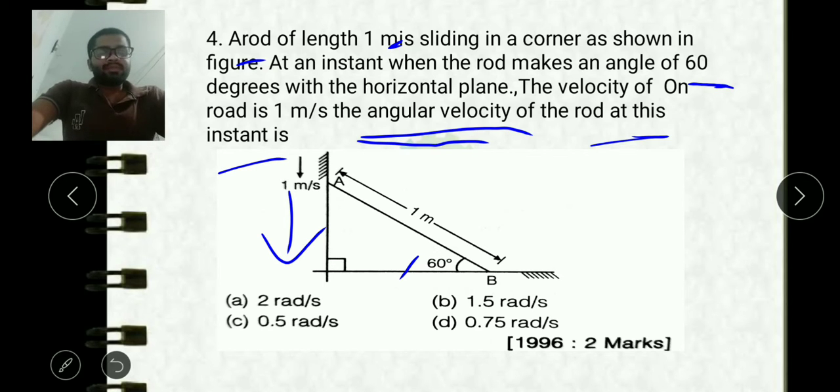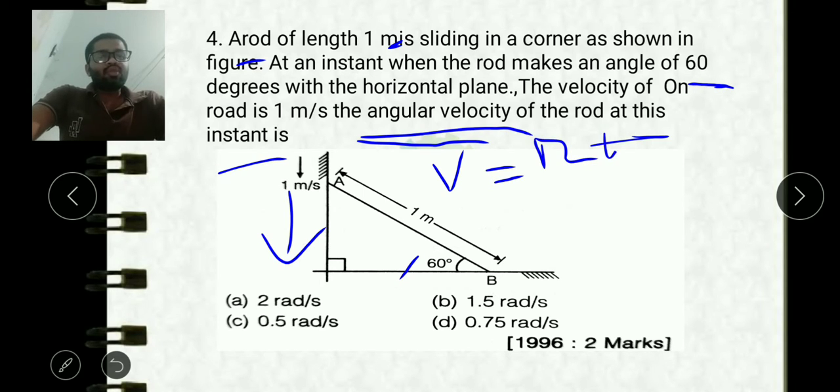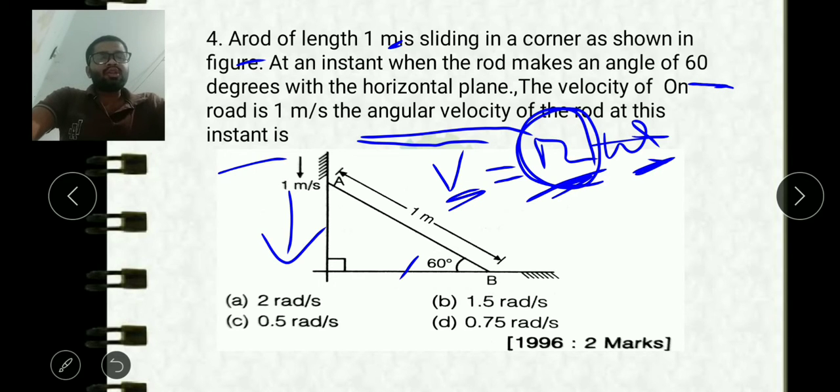Okay, then how can we calculate? We know that the translational velocity v is equal to r omega. So v is given to us and omega we need to calculate. So if we can calculate this r, or length, then we can calculate the omega value here.